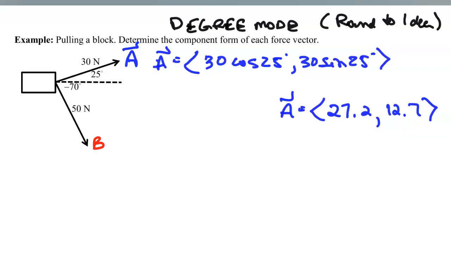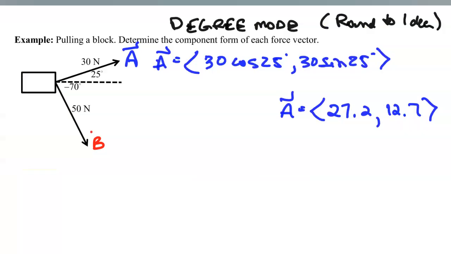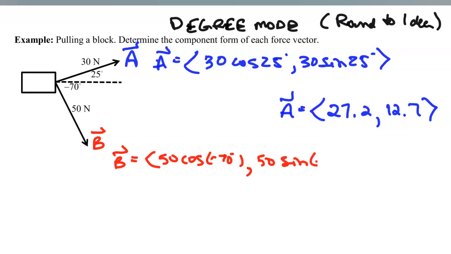And I get 2 positive x and y's, and it better be because vector A is in quadrant 1. Now for vector B, well, vector B is equal to 50 cosine of negative 70 degrees and 50 sine of negative 70 degrees.